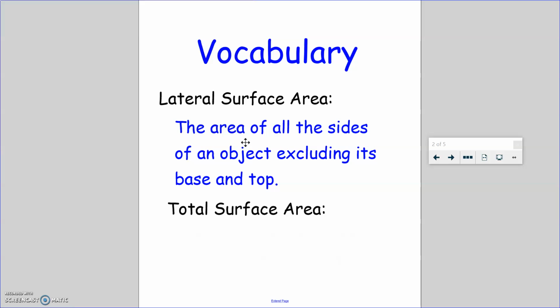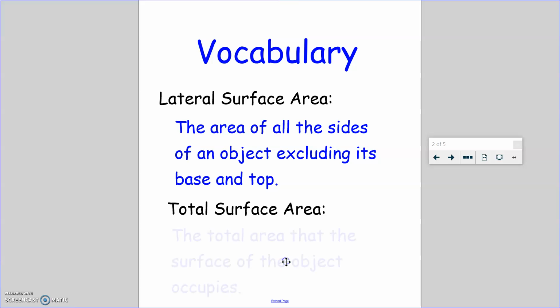For lateral surface area, it would just be the sides. Think about a can of green beans. The label that goes around the can would be considered the lateral surface area because that label goes around the sides, but not on the bases, the top or the base.